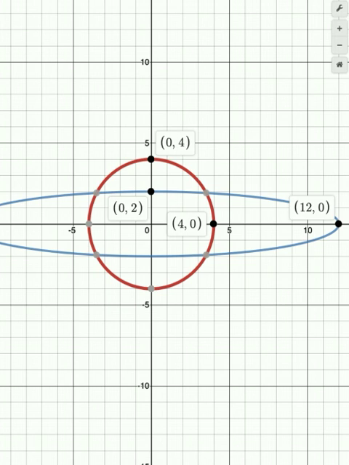We predicted that this would end up being a stretch in the x direction by a factor of 3, and you can see that by the intercepts. We also predicted that this would be a compression by a factor of 1/2 in the y direction, and once again you can see that as well from the y-intercepts there. So everything's working just like we thought it would.